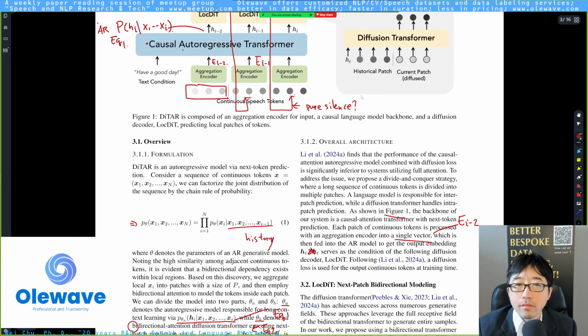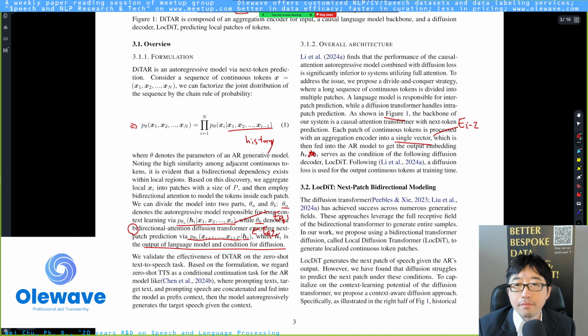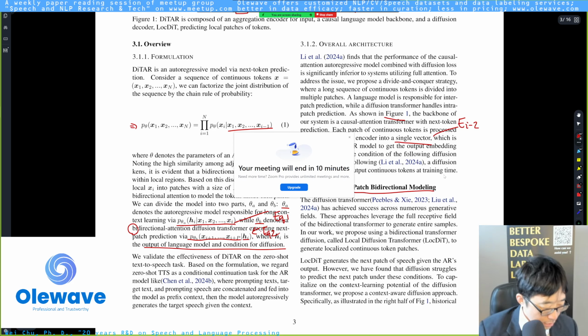So I think the causal autoregressive transformer is clear to anybody. And also they're talking a little bit more about their LocDiT, which is about next patch bidirectional modeling. That's how they get the name.